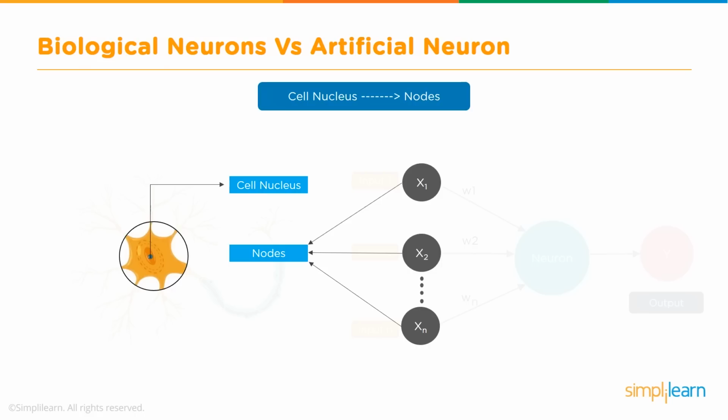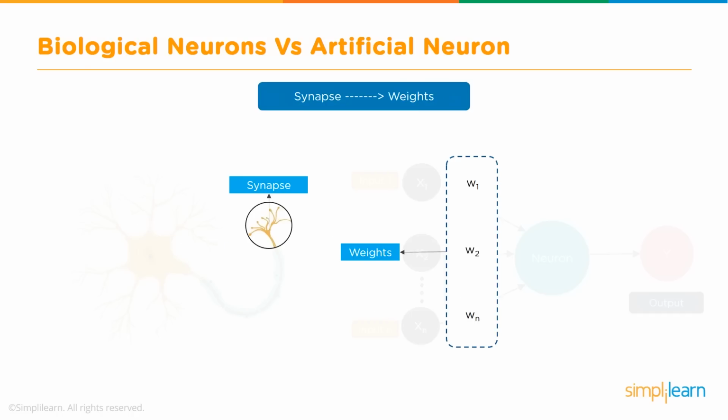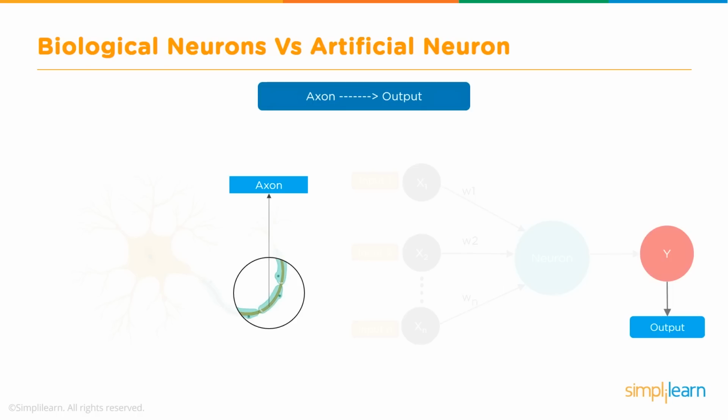In an artificial neuron also there is a piece which is the equivalent of this cell nucleus, and based on the weights and biases, we will see what exactly weights and biases are as we move on, the input gets processed, and that results in an output. In a biological neuron, the output is sent through a synapse, and in an artificial neuron there is an equivalent of that in the form of an output.